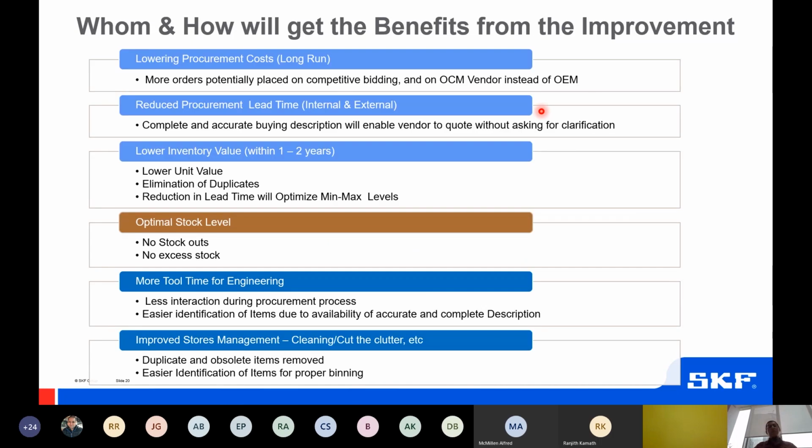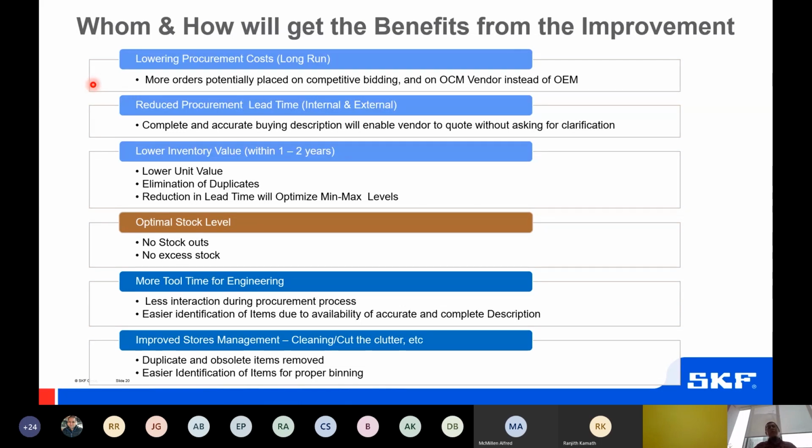So this is how the benefit looks. In the long run, it can lower the procurement cost. More orders can potentially be placed on competitive bidding or with OCM vendors instead of OEM, so in the long run it will give procurement cost reduction.